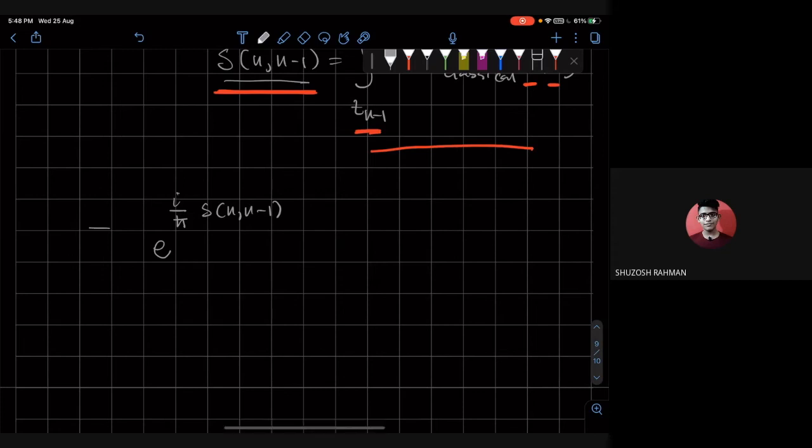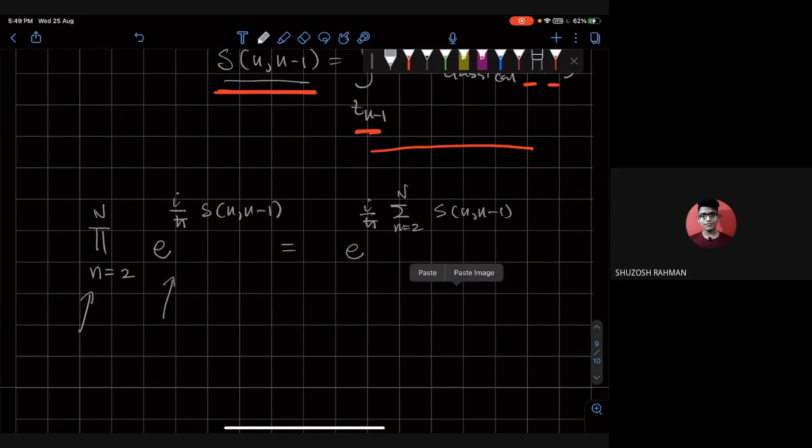So here, n goes from 2 to big N. Of course, because it's a multiplication of exponentials, we can write it as e to the power i by h bar, sum over n going from 2 to big N, S_(n-1). But this is nothing but e to the power i by h bar, S of big N, 1.